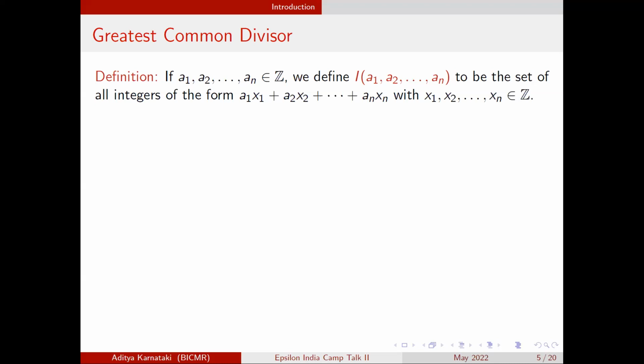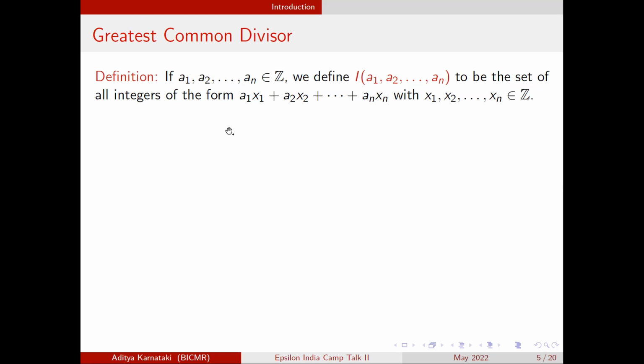Then you consider the set of all possible combinations of ax plus by, where x and y are integers. So you'll have a plus b, a plus 2b, a plus 3b, or 2a plus b, 2a plus 3b, whatever, a minus b, a minus 2b, b minus a, for instance. Okay, is that clear to everybody?